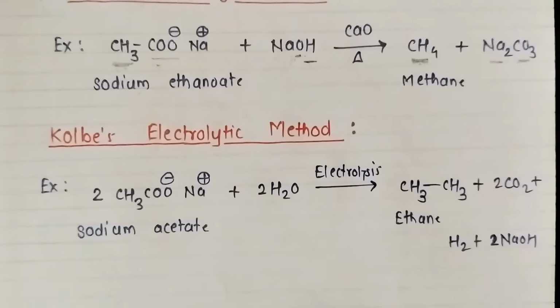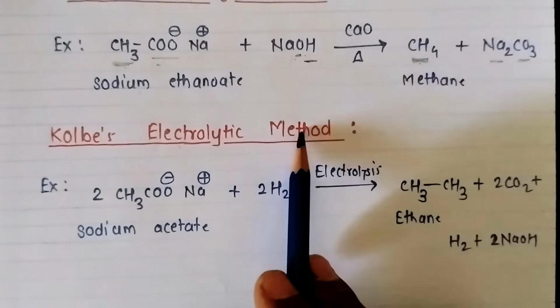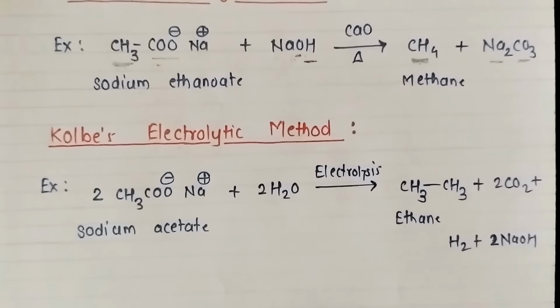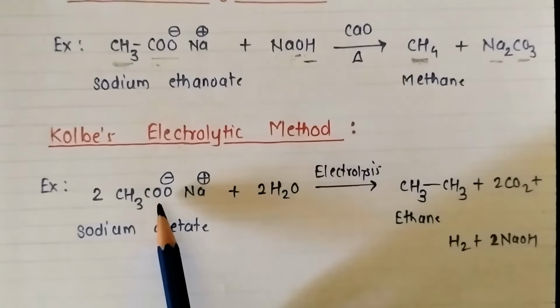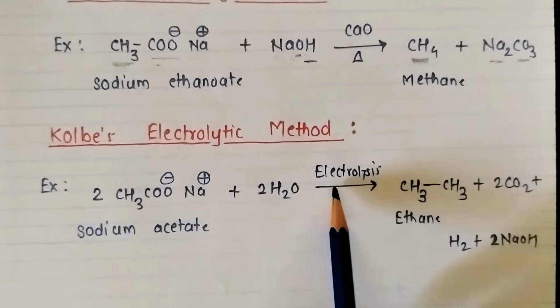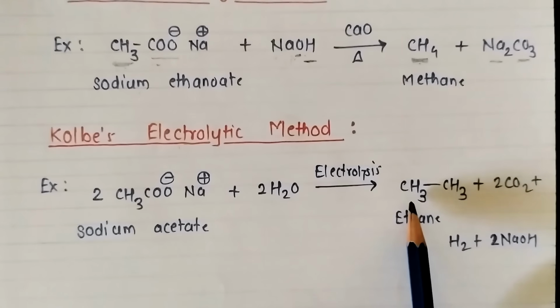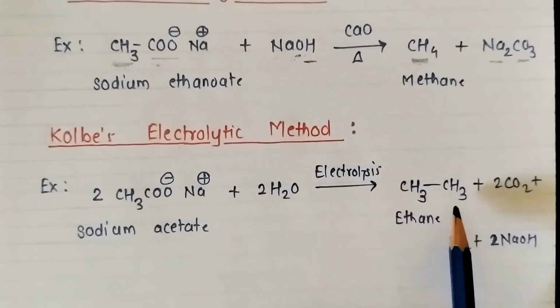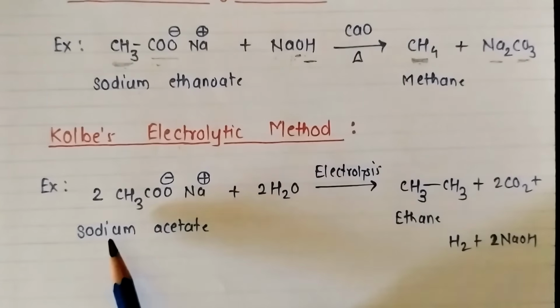Now we see another method for the preparation of alkane, that is Kolbe's electrolytic method. An aqueous solution of sodium or potassium salt of a carboxylic acid on electrolysis gives an alkane containing an even number of carbon atoms at the anode. So this is a method we call Kolbe's electrolytic method.